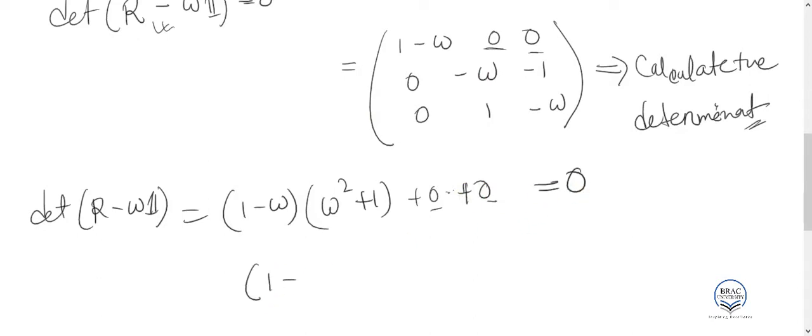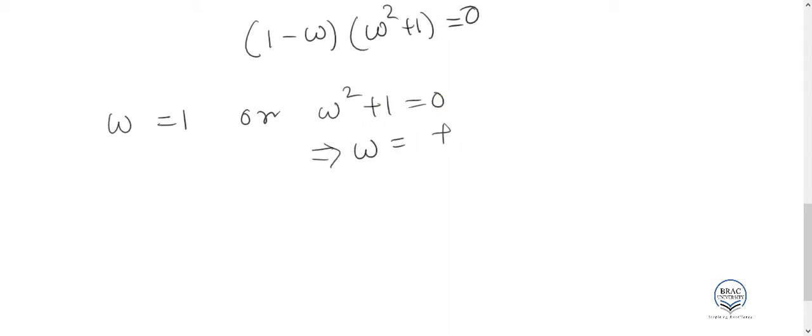So this will give me 1 minus omega times omega squared plus 1 equals 0, right? And from here we can conclude that omega equals 1 or omega squared plus 1 equals 0, which corresponds to omega equals plus minus i.